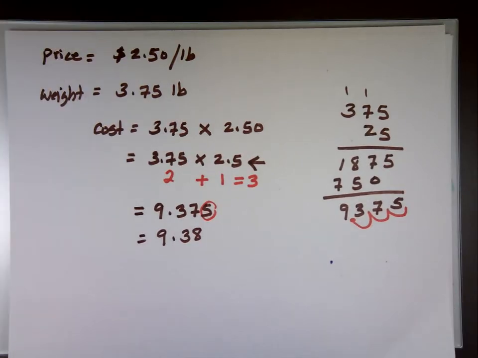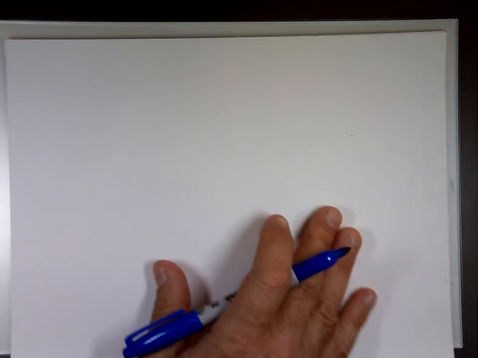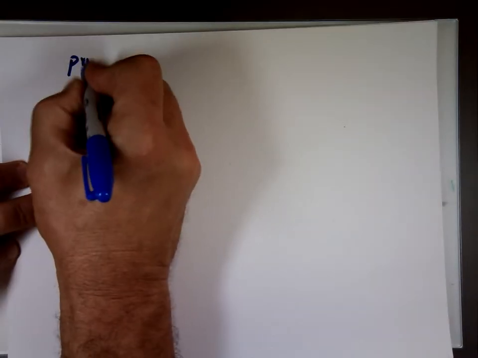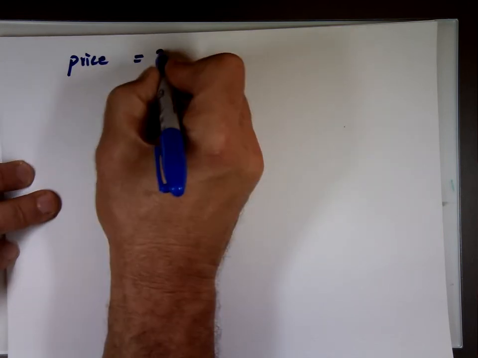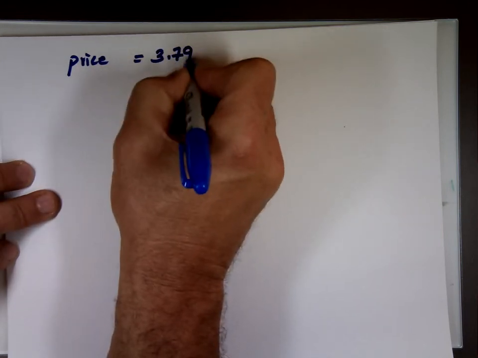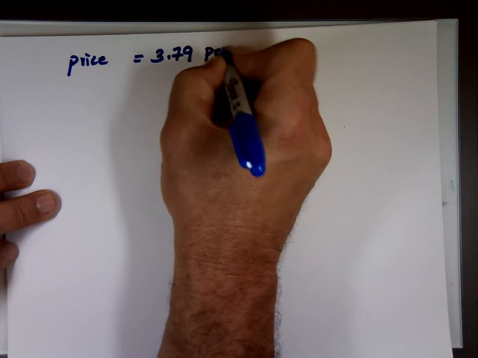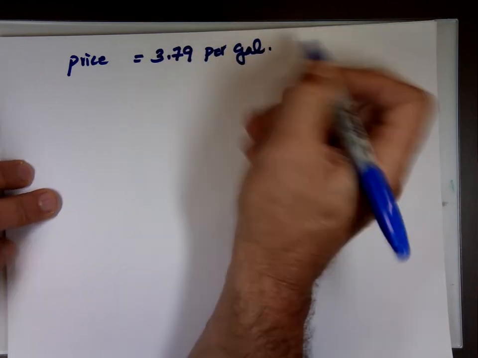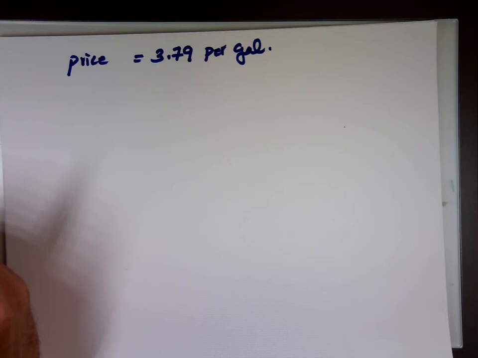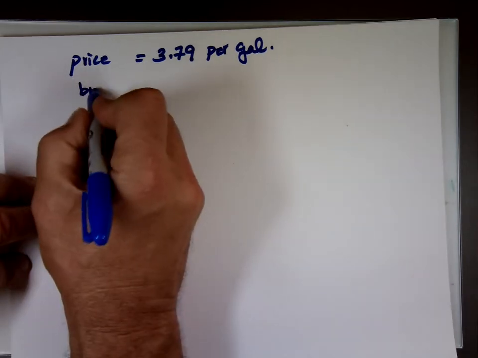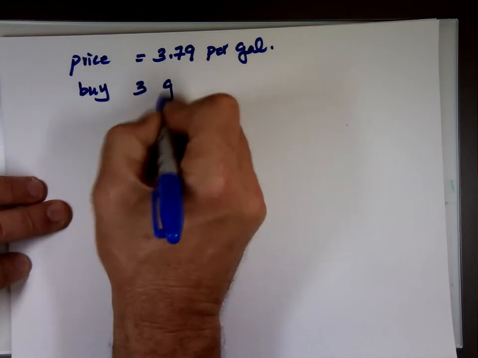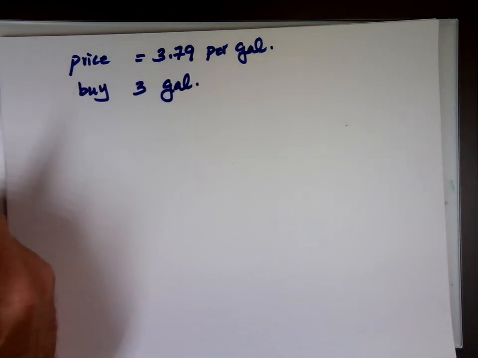Another place where we multiply decimals: you're going to buy milk. A gallon of milk. Price is, let's say, $3.79 on sale this week per gallon. And you're going to buy 3 gallons. How much is it going to cost you?